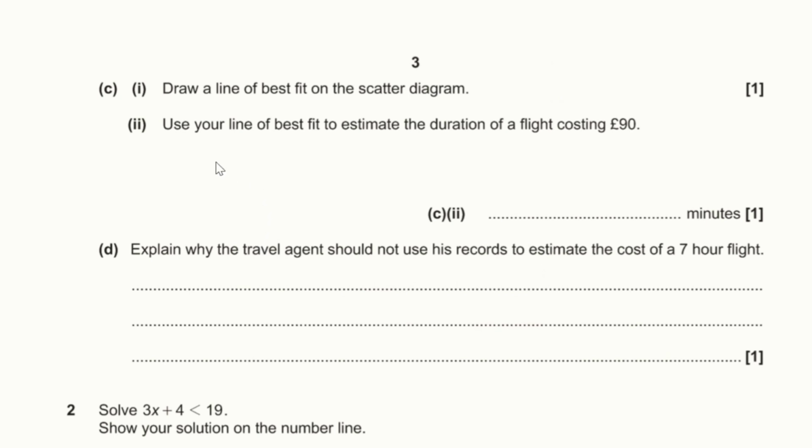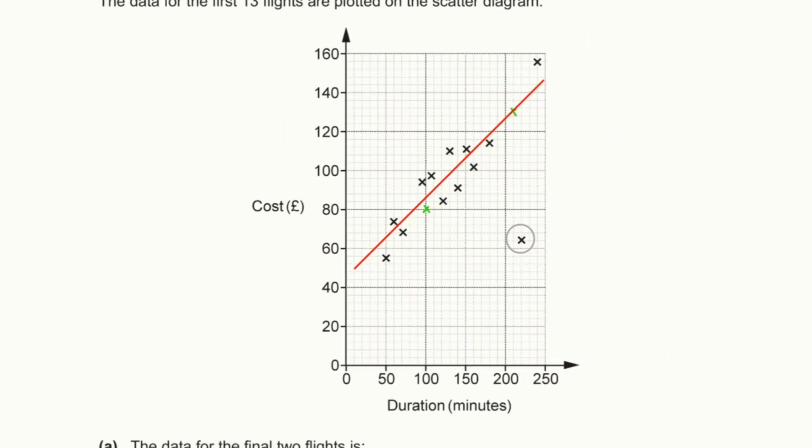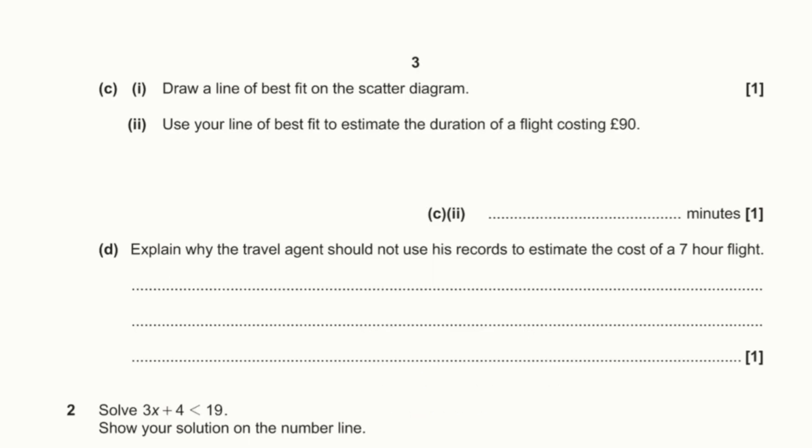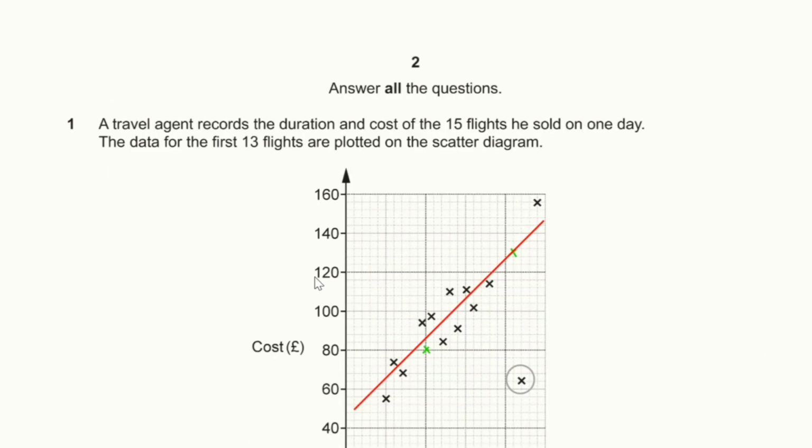The next part of part C, we have to use the line of best fit to estimate the duration of a flight costing £90. Well, if the cost is £90, we have to estimate the duration.